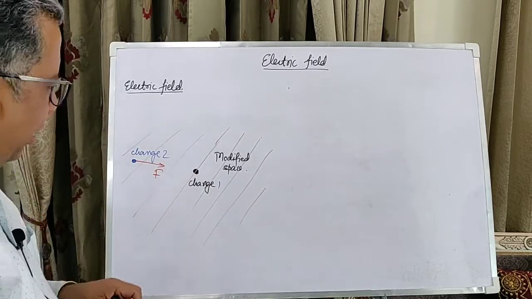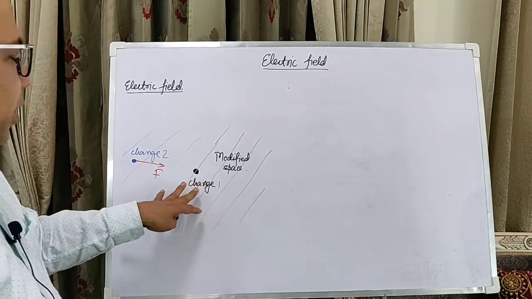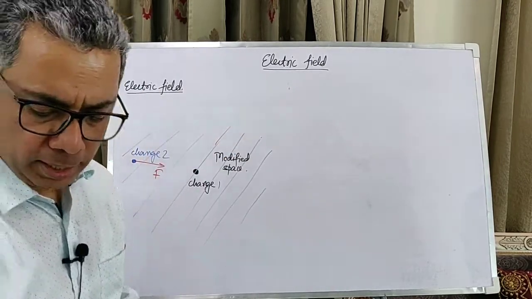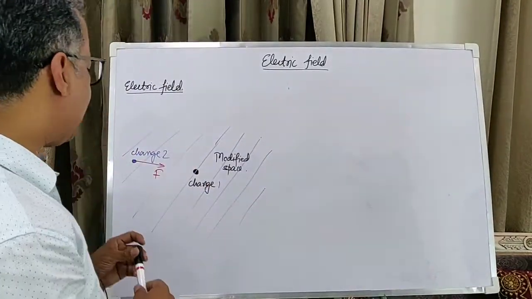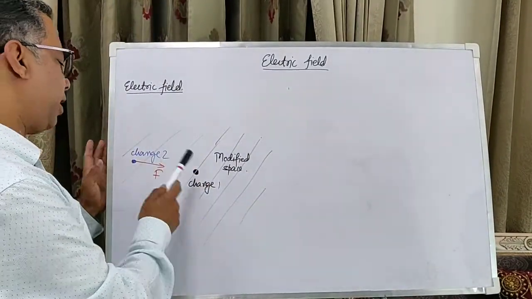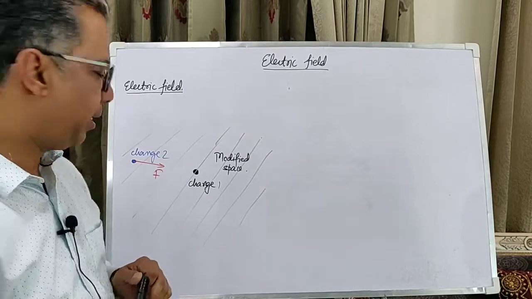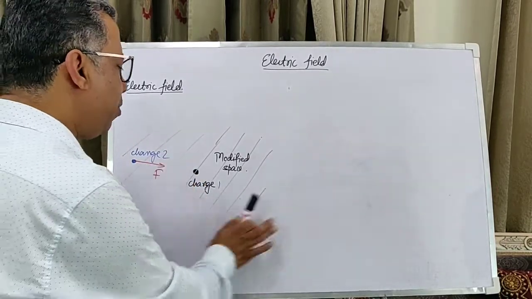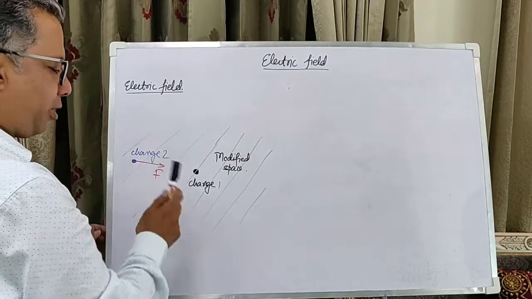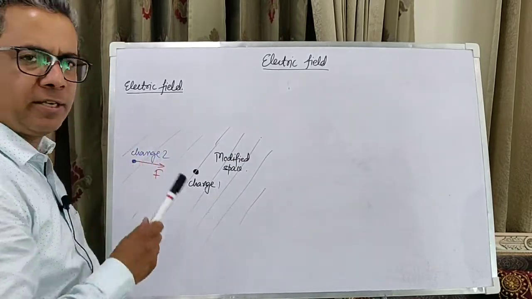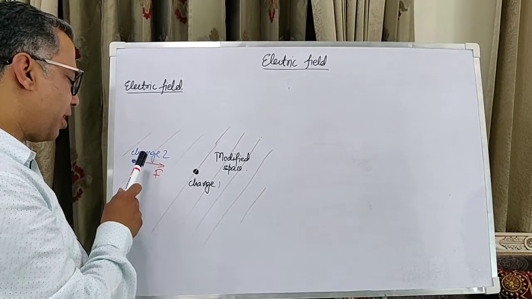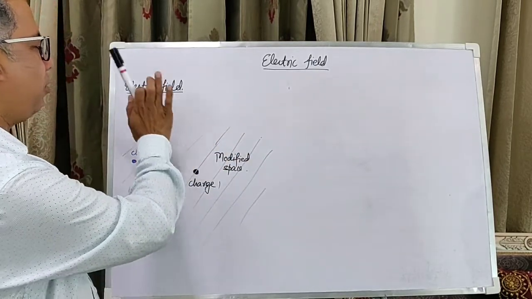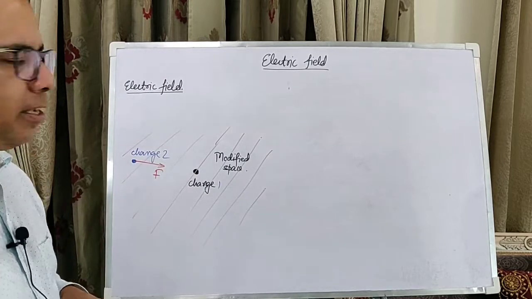So a charged object modifies the space around it in such a way that any other charged object brought inside that space experiences a force. This modified space around a charge in which it can exert electrostatic forces on other charged objects is called its electric field.